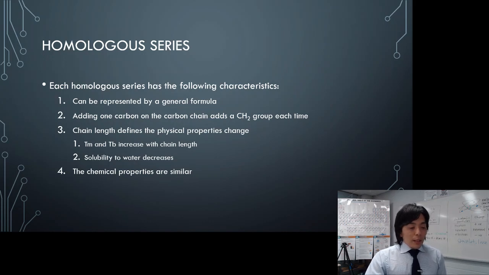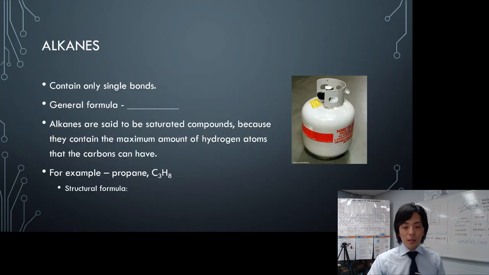The chemical properties are usually similar. So ethane, propane, methane, they're all gases, they all burn, they burn cleanly. That's a chemical property. As an example, alkanes only have single bonds.